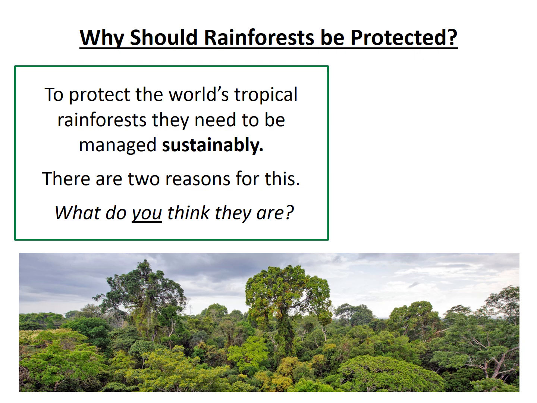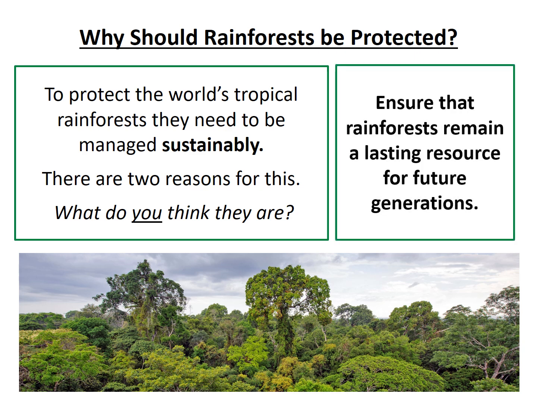The first thing that we need to be able to understand before we can look at the rest of today's lesson is what the term sustainable means and why we need to manage the rainforests sustainably. There are two parts to something being sustainable: that we can use the rainforests now and that we can use them in the future.